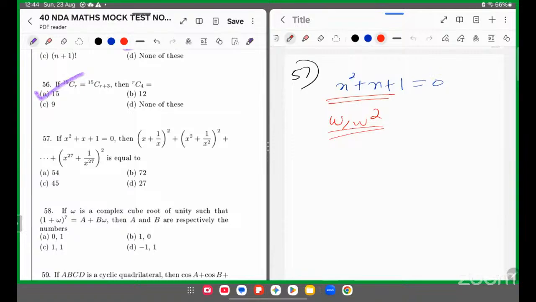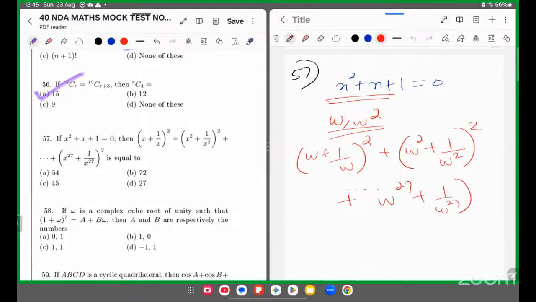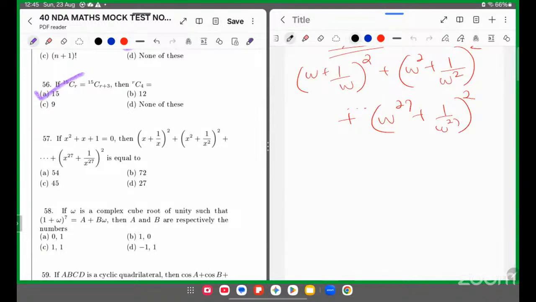So if you consider omega and omega square as the roots, omega plus 1 by omega the whole square plus omega square plus 1 by omega square the whole square, like that it will go up to omega raised to 27 plus 1 by omega raised to 27 the whole square. It is omega plus omega square, since 1 by omega is omega square. So omega square the whole square plus omega square plus omega the whole square.